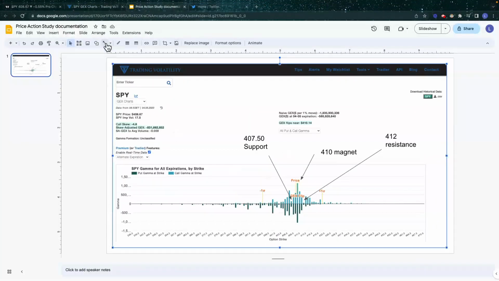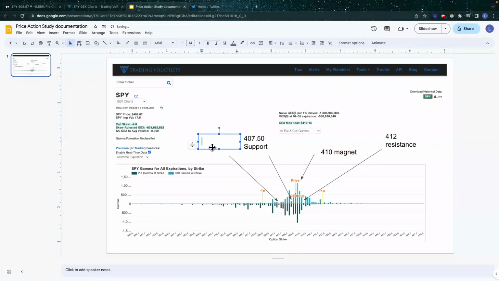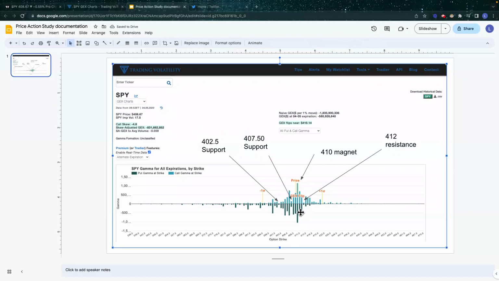So if we break this 407.50 support, I would say the next support for today would be 402.50 for new support.